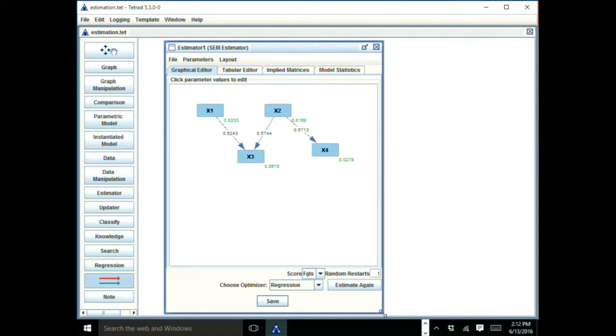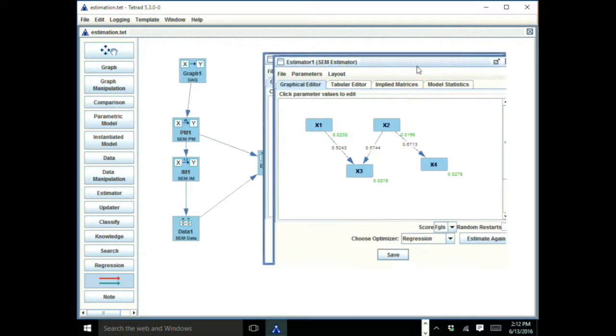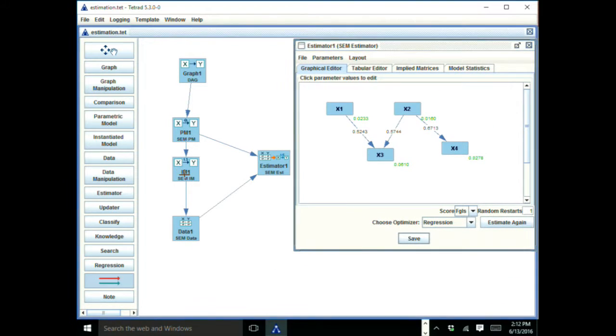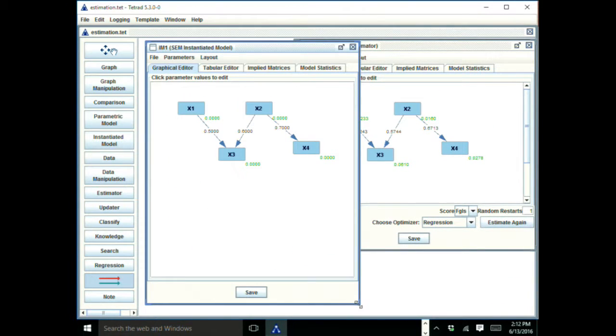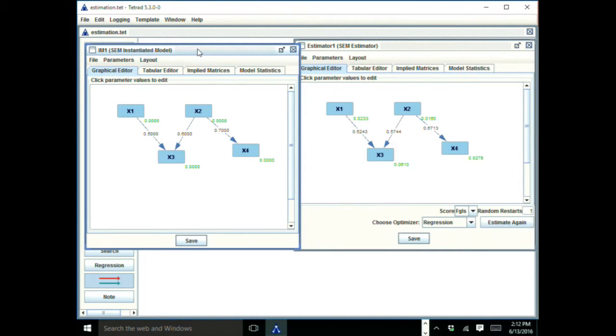Okay. So you can see I just generated data, and I don't know what that data is, and the estimator is going to give me a bunch of values. So let's compare the values in the instantiated model from which the data was actually drawn to the estimated values of the parameters. What you can see is that the true value of this parameter, x1 to x3, is 0.5, and the estimated value is 0.5243.